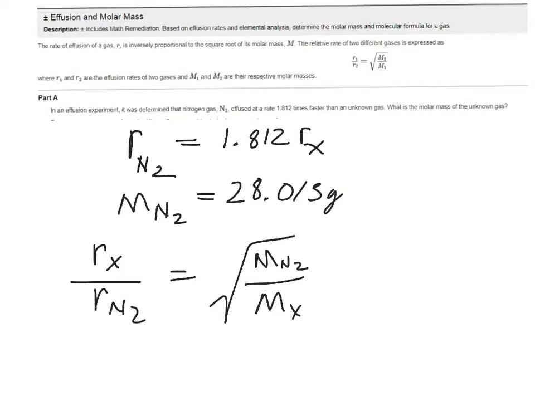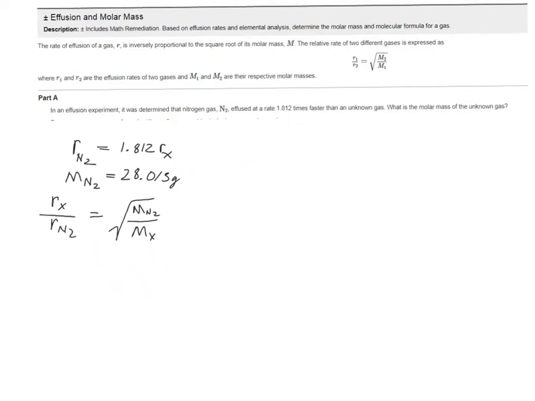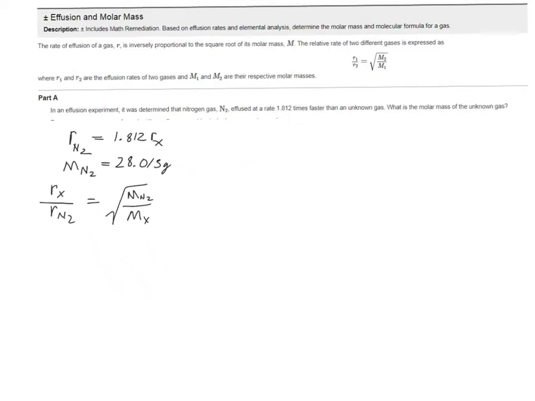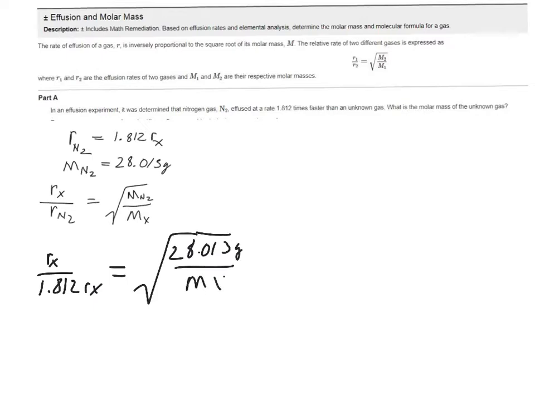Plugging in the numbers that we know, that gives us Rx divided by 1.812 Rx equals the square root of 28.013 grams over Mx.